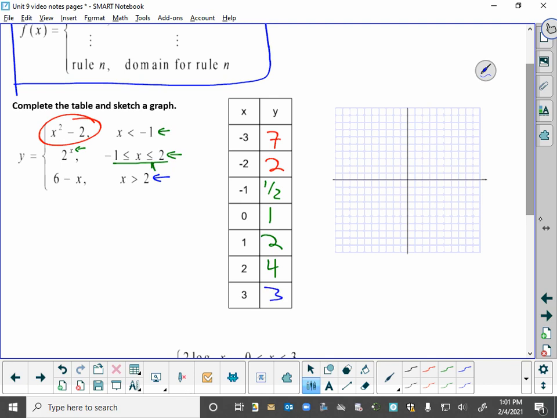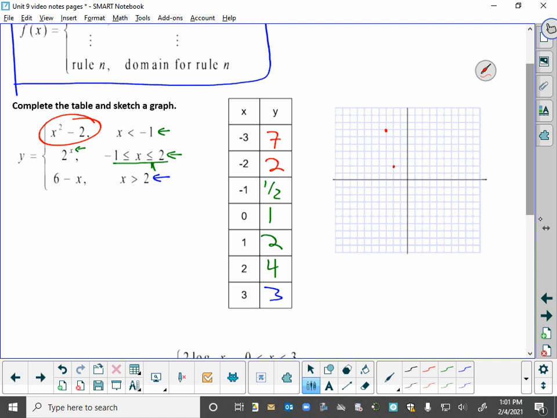So let's plot some points here and see if we can figure out what this graph is going to look like. So I got -3, 7, and -2, 2. And this is a parabola, so I know there's some kind of curve to that.